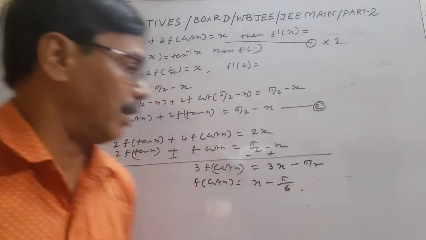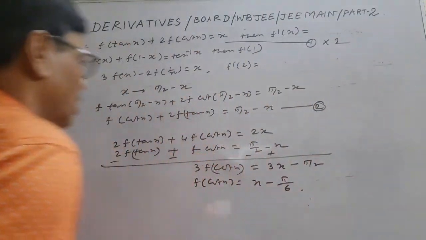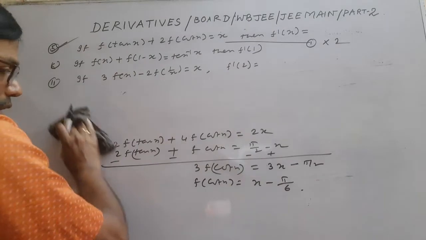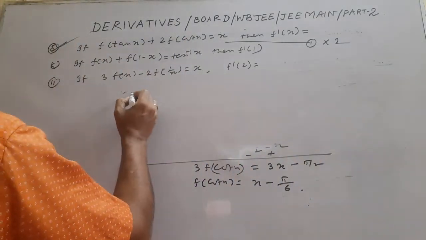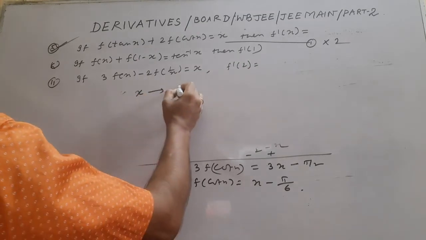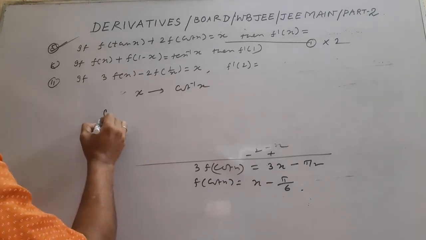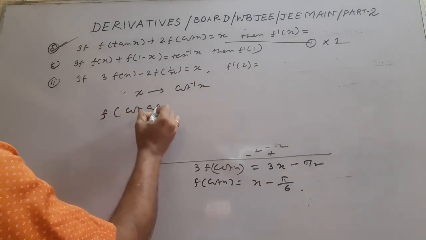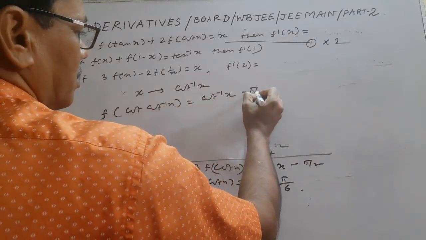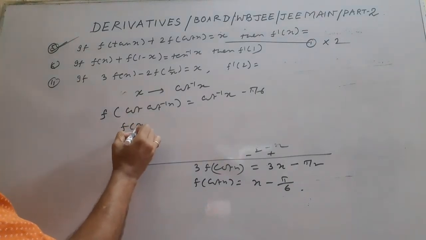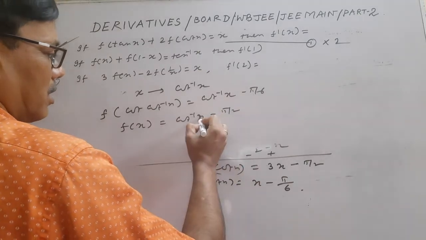Now what is our main aim? Our main aim is to get fx. So cot inverse cot x is x. So replacing x by cot inverse x, what are we getting? F cot inverse x equals to cot inverse x minus pi by 6. So fx equals to cot inverse x minus pi by 6.